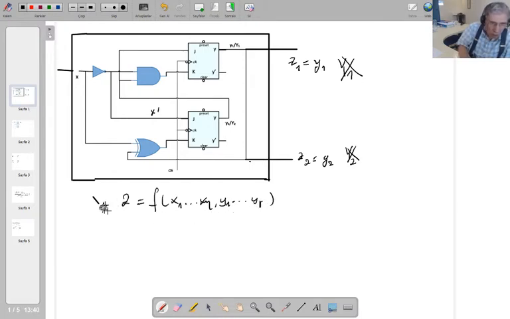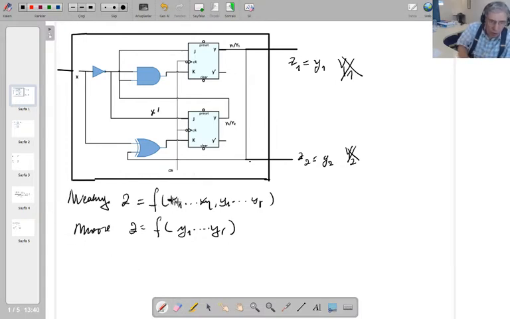Now if it is a Mealy machine... if it is Moore, then z is a function of y's only, y1 to yr. If it is like that, it is Moore. Otherwise, it is Mealy.